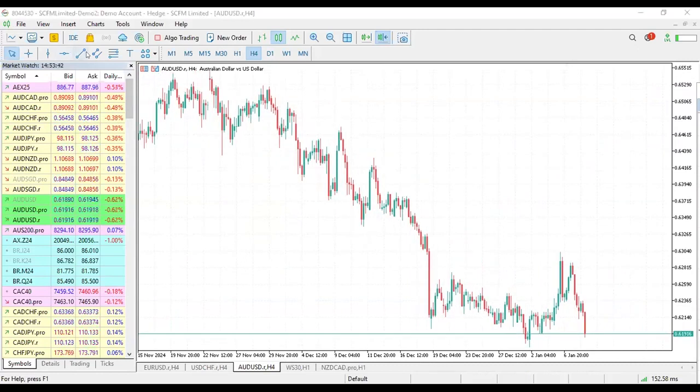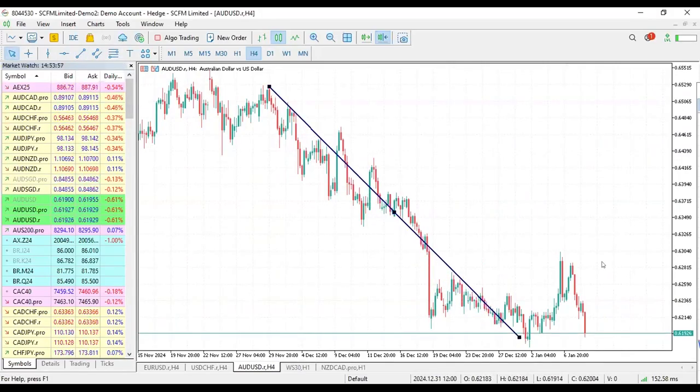For example, from this point right here to down here, you can pick this one. We call it a trend line. You pick it like that to show that we are dropping. Even right here, again, we are dropping.